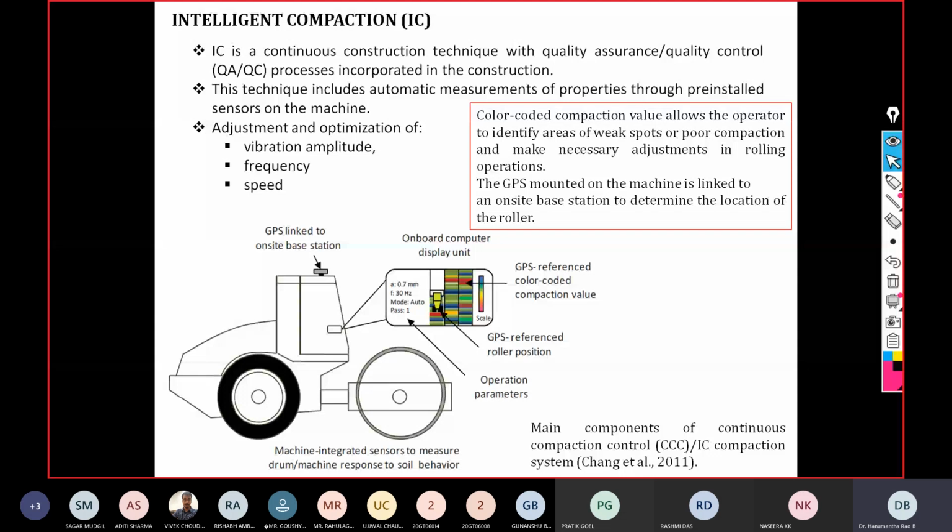Of course, we did not discuss the gamma D max, the gamma D field and its determination. But now you have a fair idea how to select an equipment appropriately for a given soil type and how to decide the number of passes for a given soil. So this is quite clear to you all.